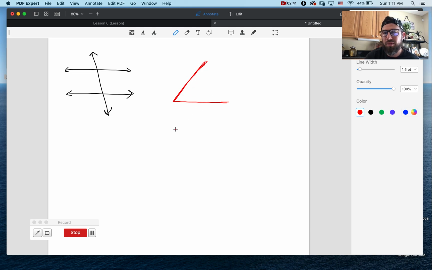Anything that's smaller than 90 is called an acute angle, which means it's less than 90 degrees. For this lesson, I'm going to call acute angles either acute or small. It's small because it's less than 90. Acute angles are less than 90.